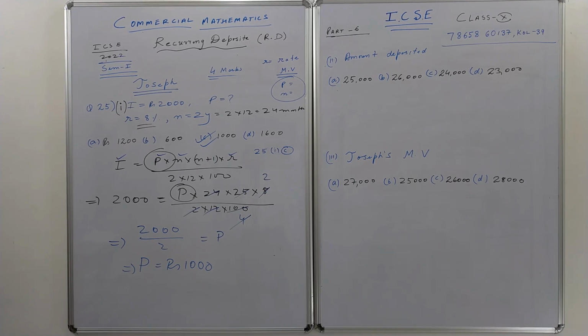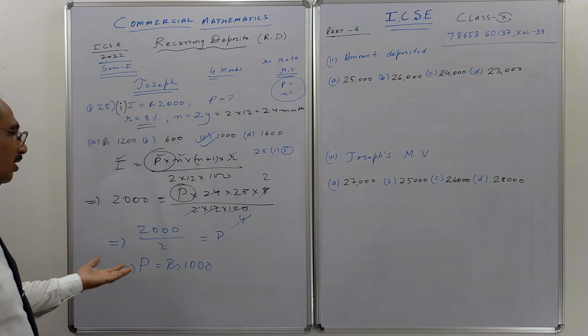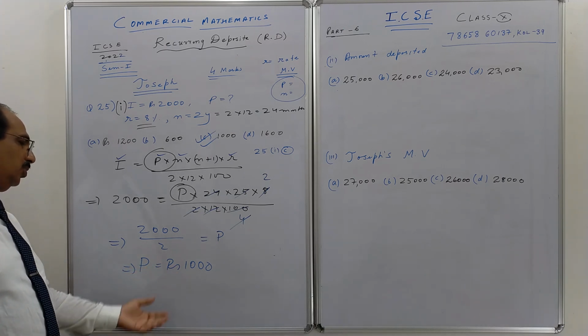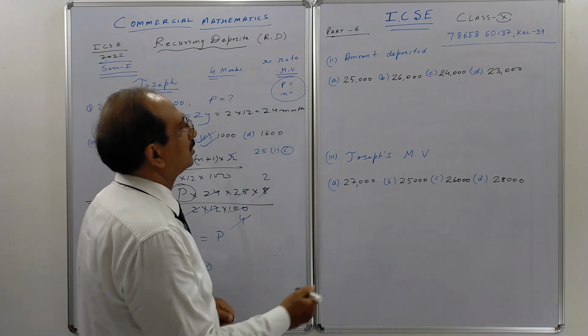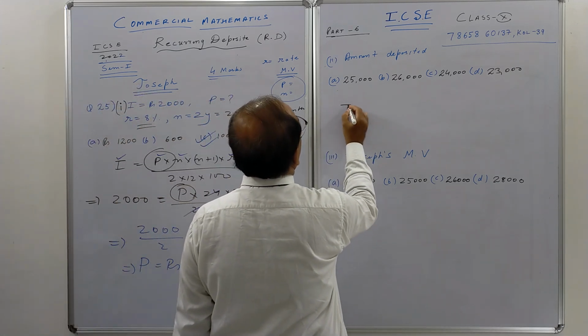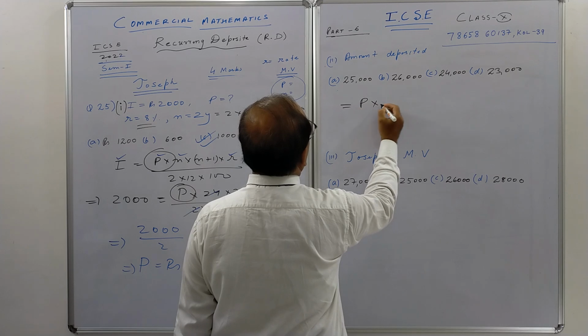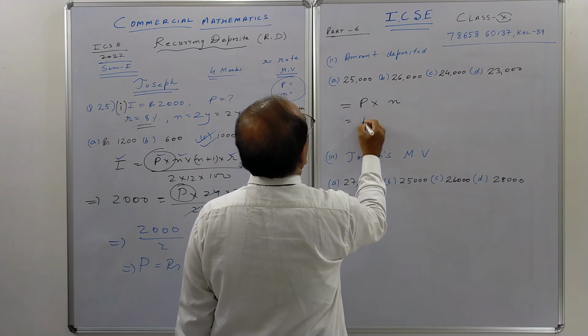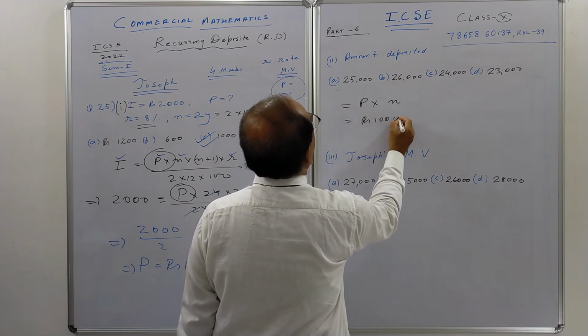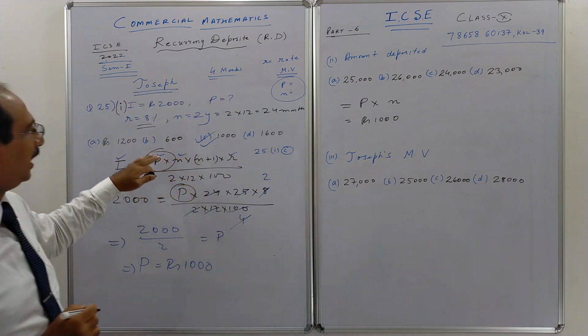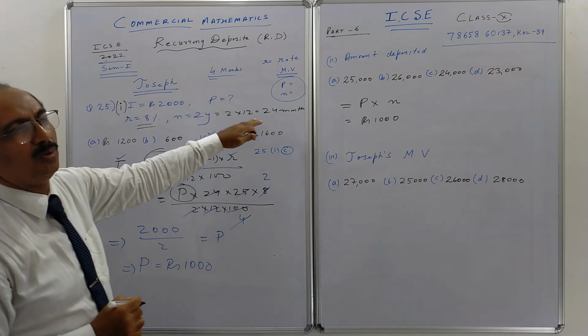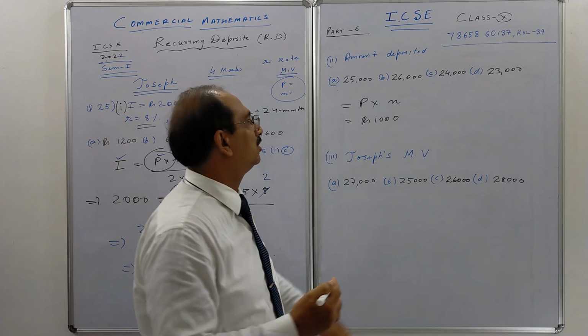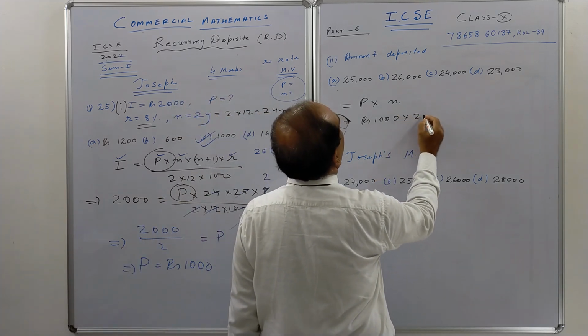So children, next part of the question, we have to see how much amount is deposited by Joseph. So 1000 rupees he deposits. So the amount deposited, children, is P, his monthly installment, into N. So he puts 1000 rupees, children, for N is 24 months. So every month 1000 for 24 months.